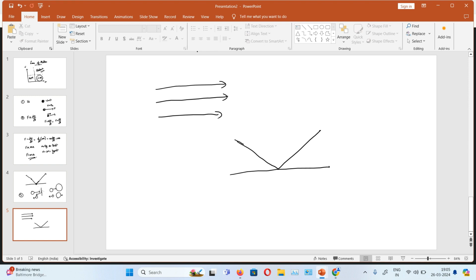This is the initial momentum due to light, and this is the final momentum. So there is a change in momentum, and as a result the light also imparts a force on the surface.